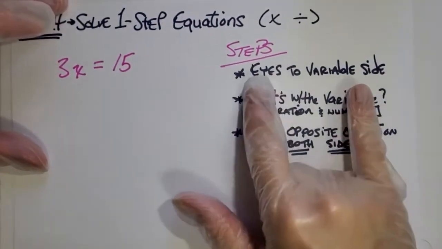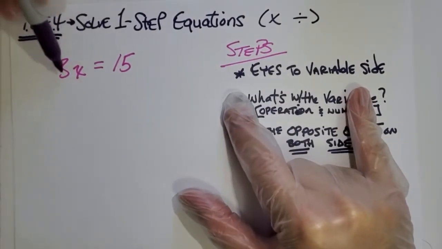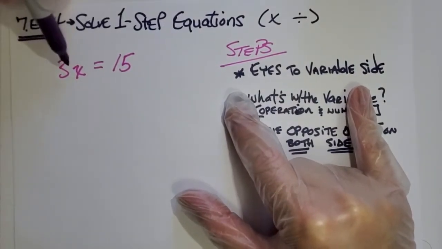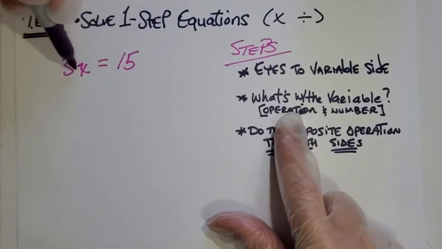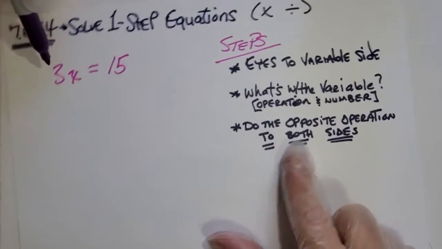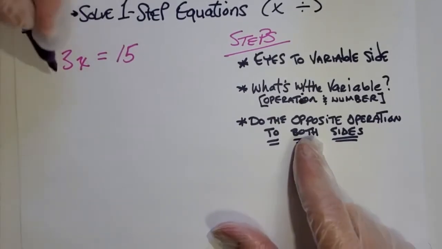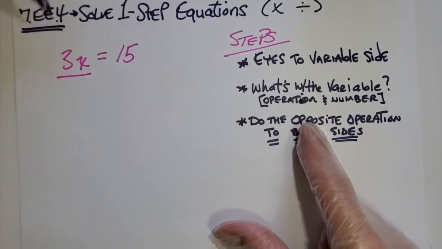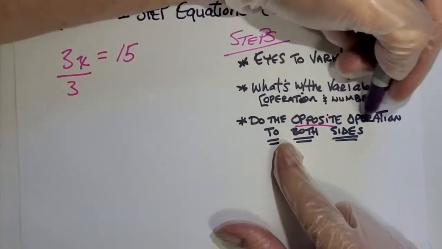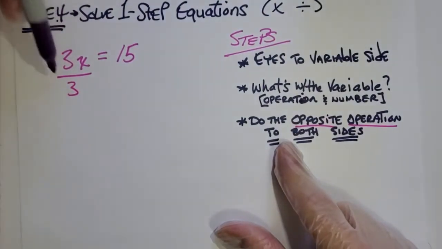So that's what we're going to do. Look at our variable side. It's 3 times something. What's happening with the variable? Multiplication by 3. So we do the opposite of that to both sides. The opposite of multiplying by 3 is to take that exact same 3 and divide by it. It's the opposite operation, not the opposite sign.